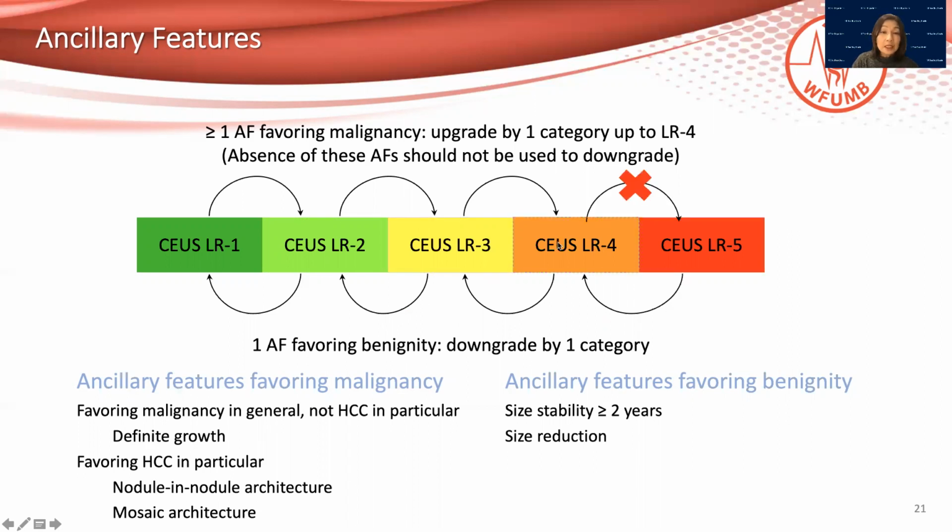Please remember, LIRADS 4 cannot be upgraded to LIRADS 5 using ancillary features. To be categorized as CEUS LIRADS 5, it has to meet the stringent criteria for LIRADS 5.